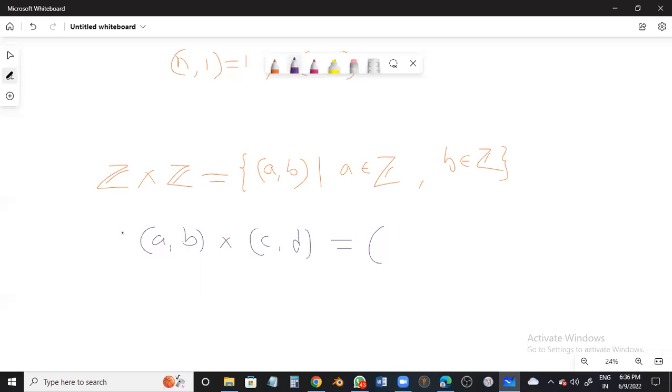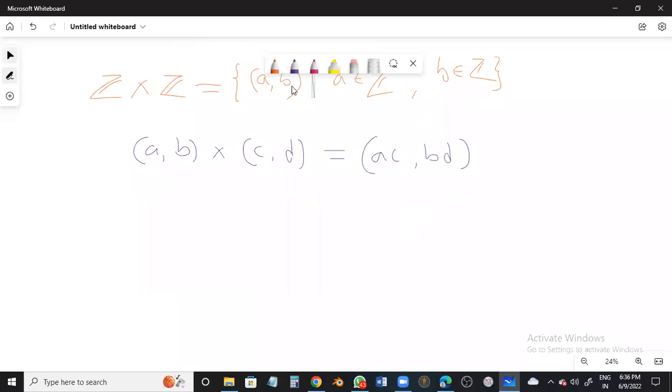You multiply A into C component-wise and B into D. So component-wise multiplication takes place in case of Cartesian products. Suvarna, you were confused in this particular. Yes, ma'am. Yeah, and that's why I repeated this.